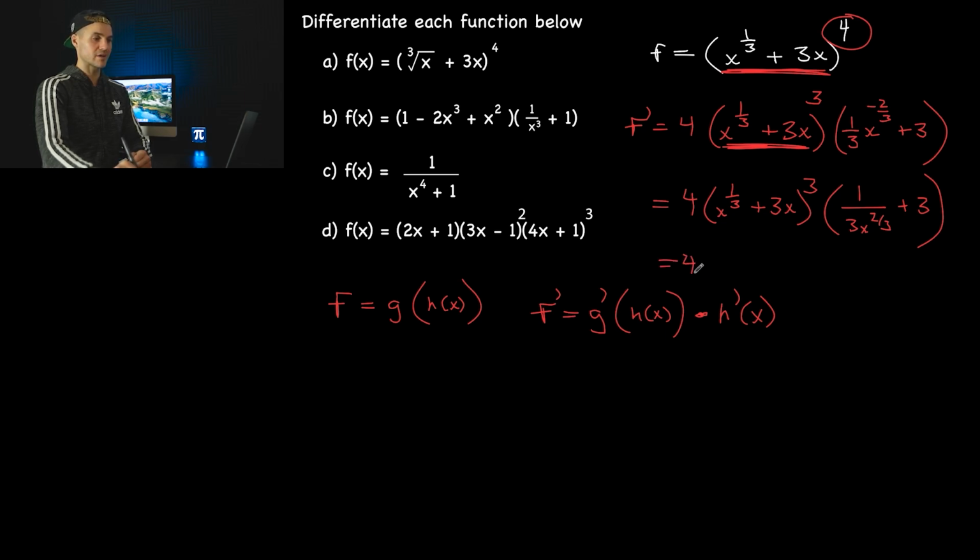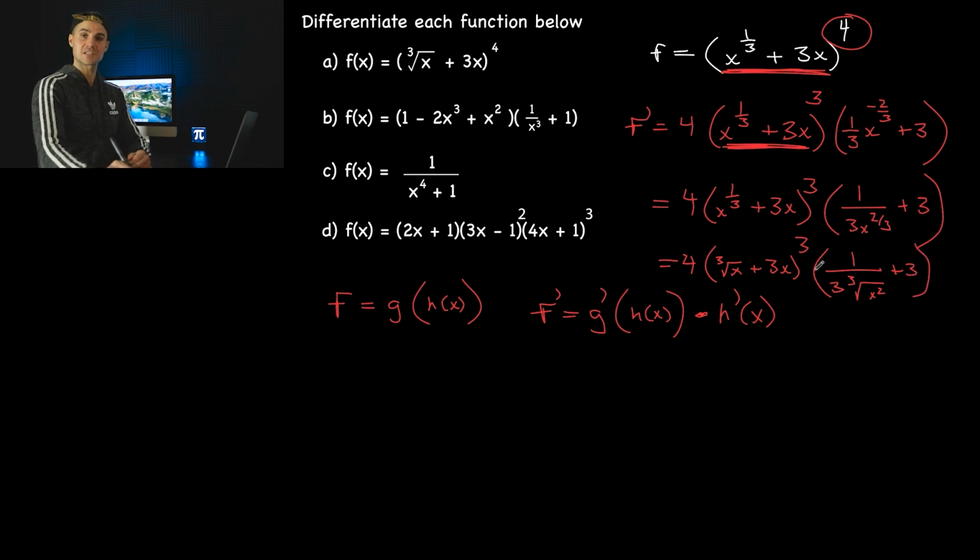If we wanted to bring the radical back in, the third root of x would still be there, plus 3x, to the power of 3, and then this would be 1 over 3. Now this x to the power 2 over 3, we could rewrite as the third root of x squared. That's another format this can be in.